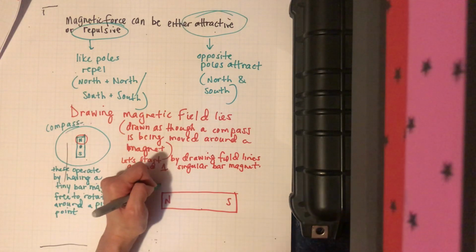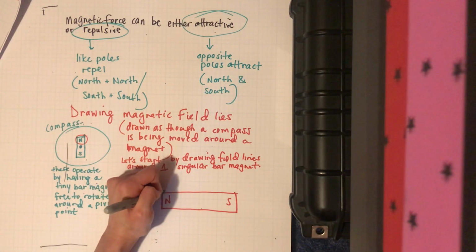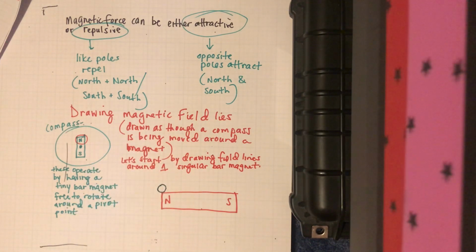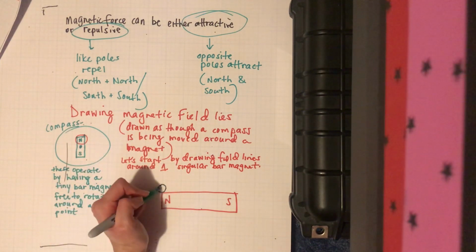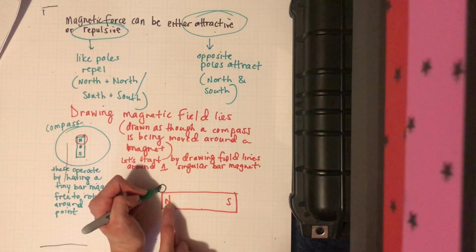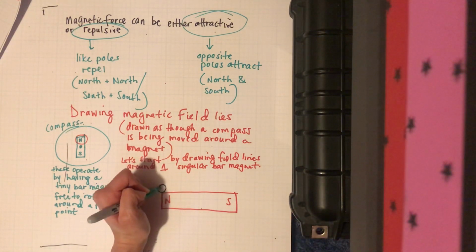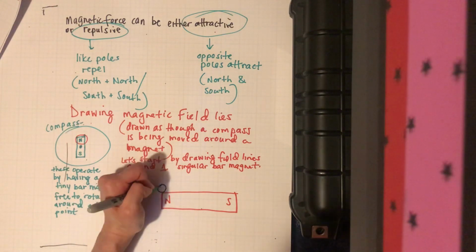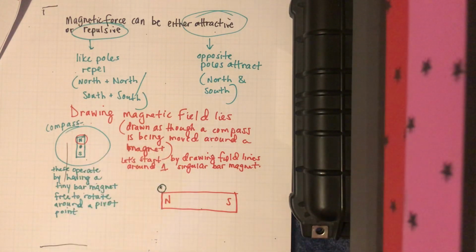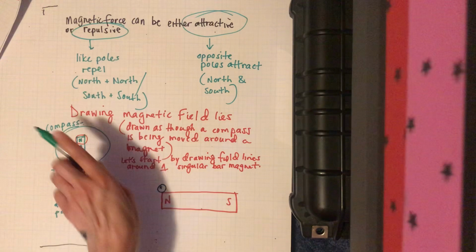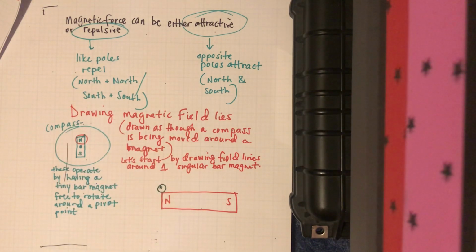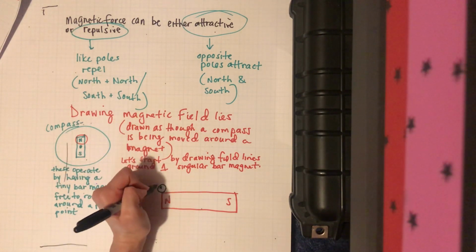So if I were to take a compass and put it down right over here at the corner, we know that north on this compass is going to repel away from north on this bigger bar magnet. So actually, this first line is going to be pointed up towards the corner. So I'm going to just draw that in. I'll just put a little point here.